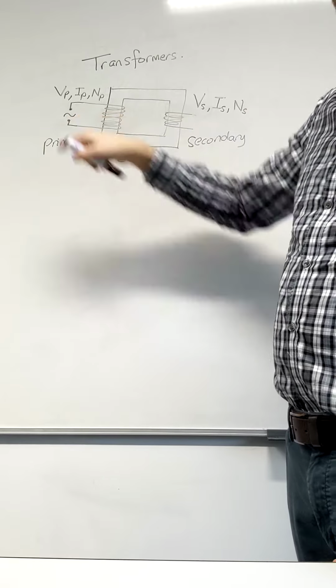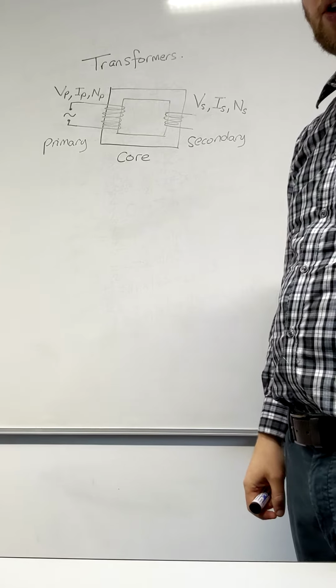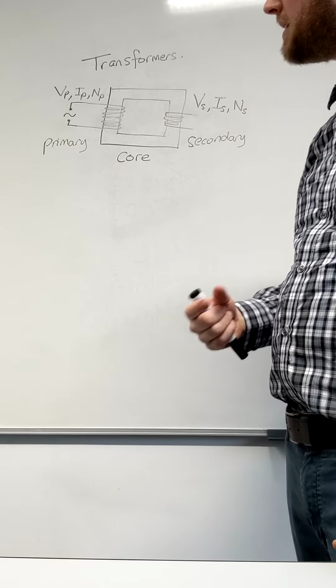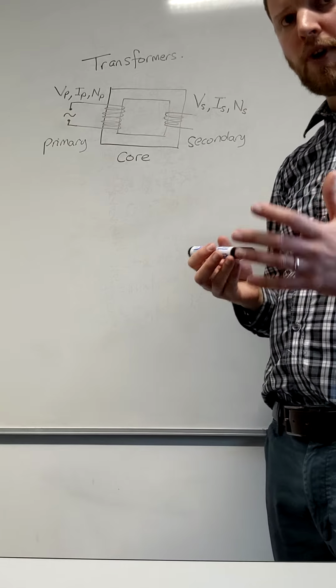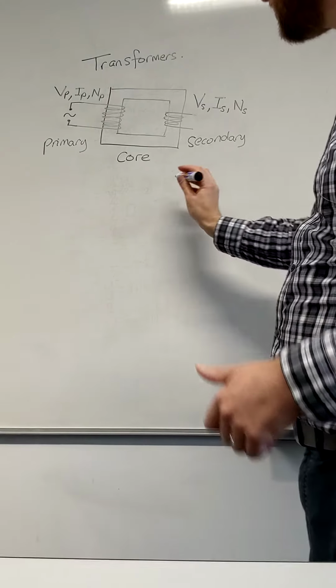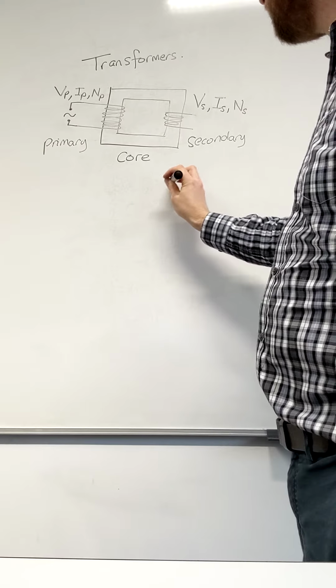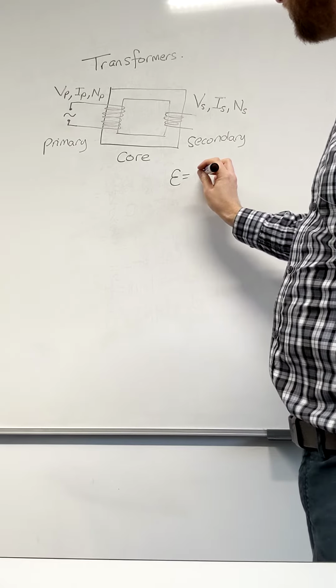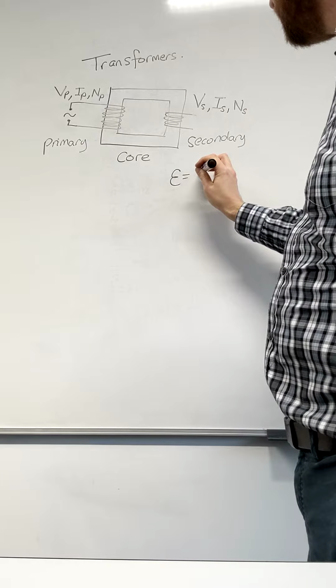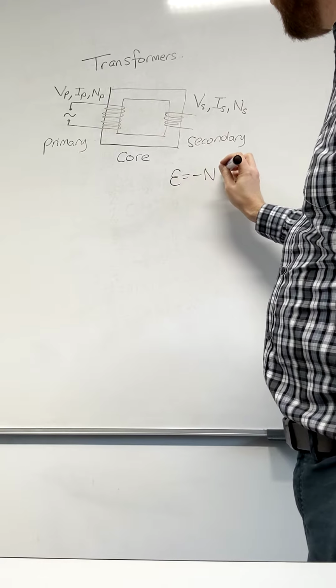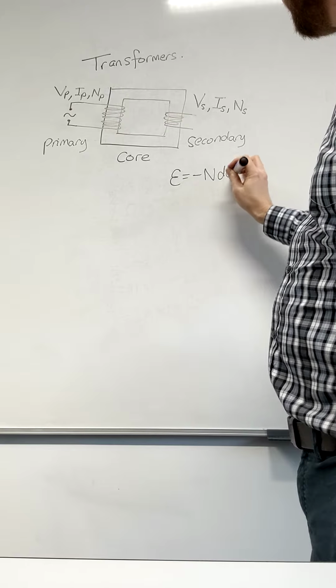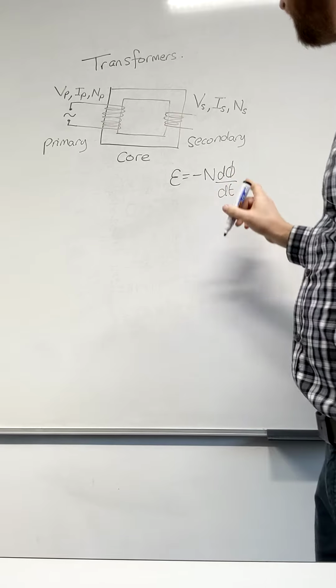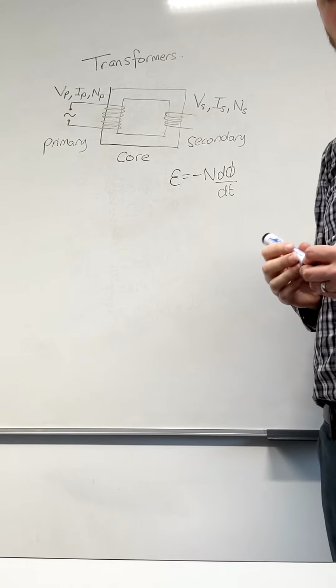You'll notice here that I've indicated an alternating current. Now that has to be the case. Faraday's law tells us that the EMF produced depends on the rate of change of magnetic flux.